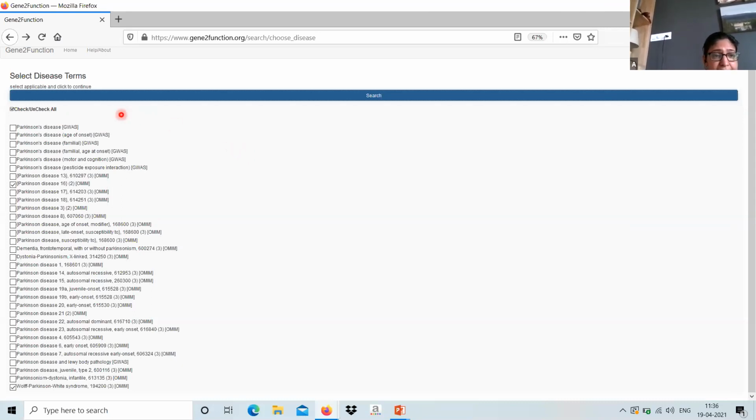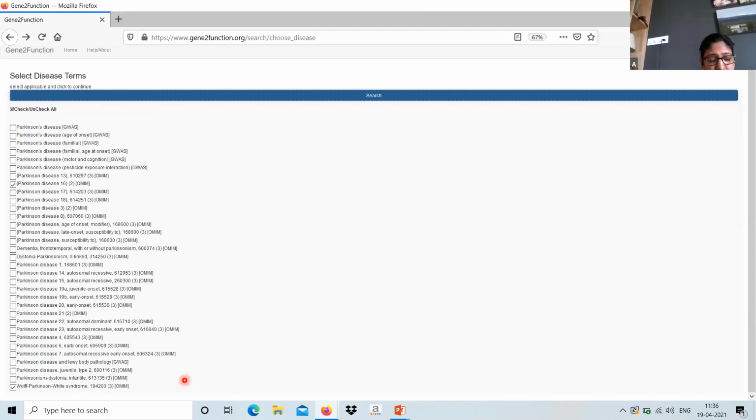There are different categories, like Parkinson disease based on age of onset, whether it is familial or sporadic, and whether you have a motor problem or a cognition problem. So you see there is a late onset, and many different candidates based on that. They have divided this disease into several types. Now I clicked on two here, Parkinson disease 16 and Parkinson-White syndrome, and then I just said search.